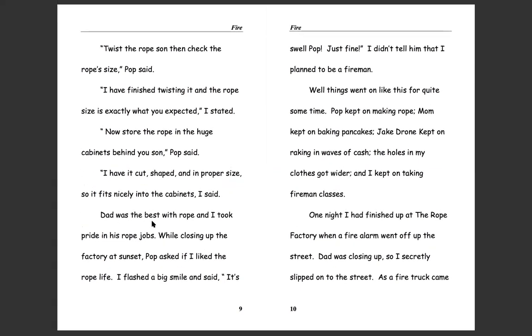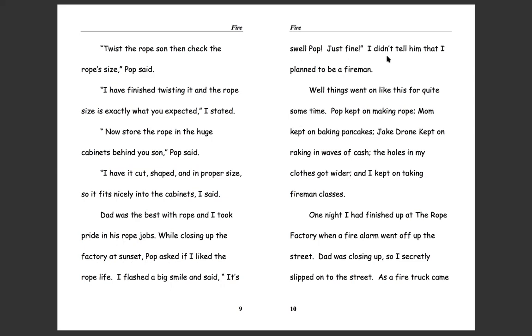Dad was the best with rope, and I took pride in his rope jobs. While closing up the factory at sunset, Pop asked if I liked the rope life. I flashed a big smile and said, It's swell, Pop, just fine.